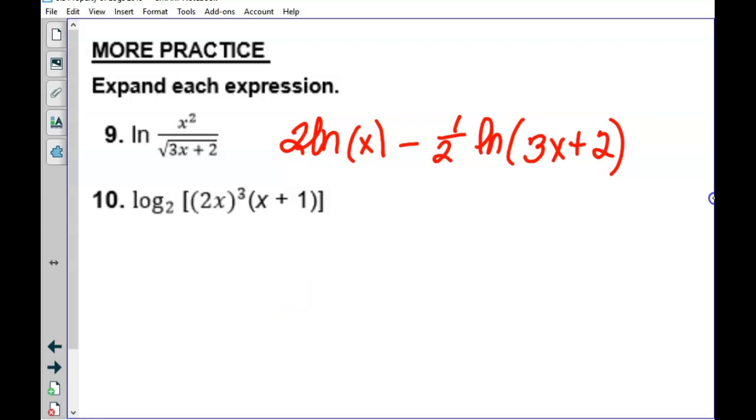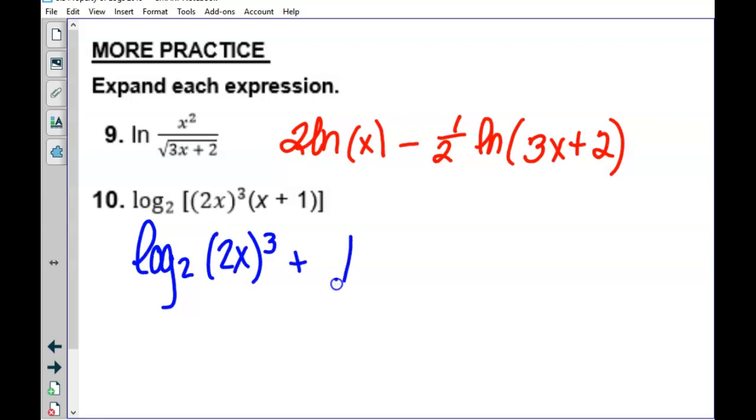I don't know how much separating they want us to do here. Log base 2 of, well, if I just did 2x to the third plus log base 2 of x plus 1, okay, then I could move this 3 out front here, right?